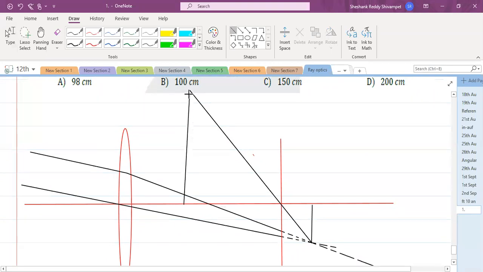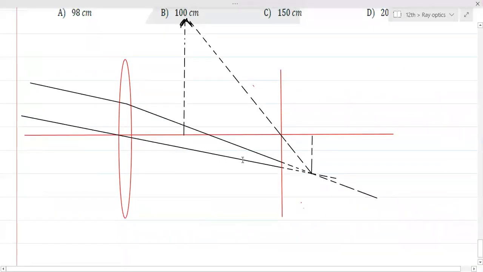Just a minute, I'm drawing the diagram. This is where the final image is.